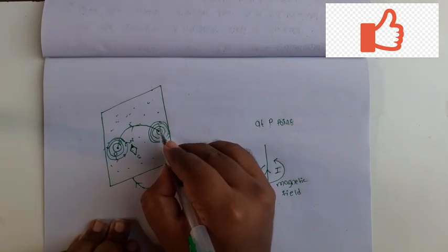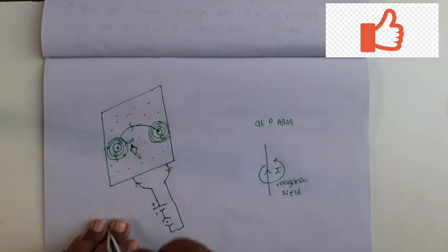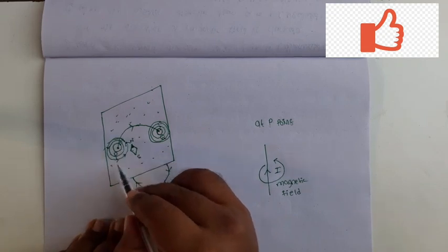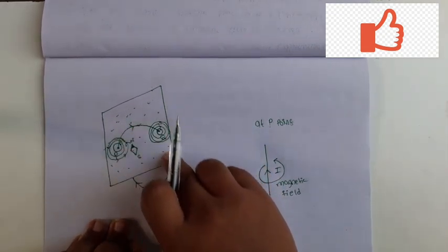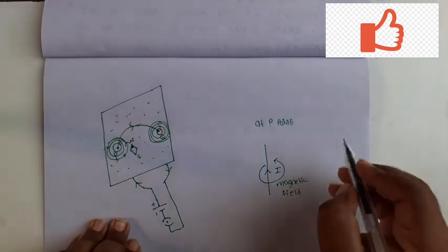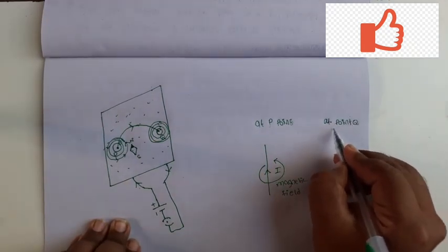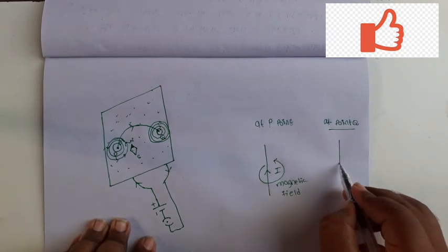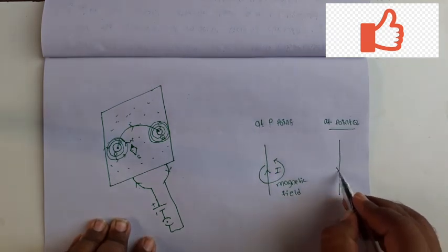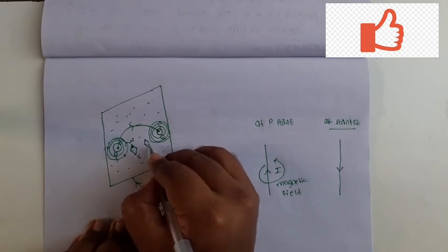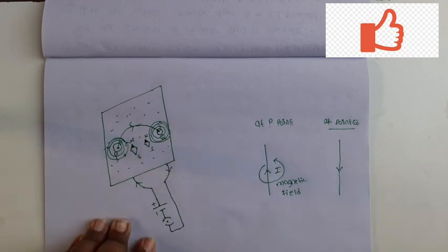Now move to point Q. At point Q, what is the direction of the current? Current is in the downward direction. Place the compass needle. So what is the direction of the magnetic field?